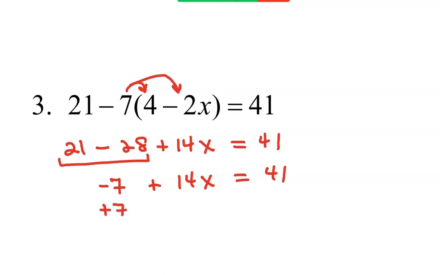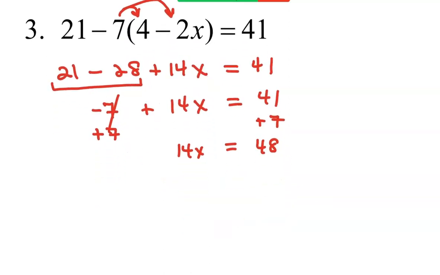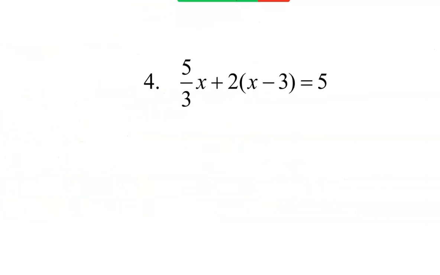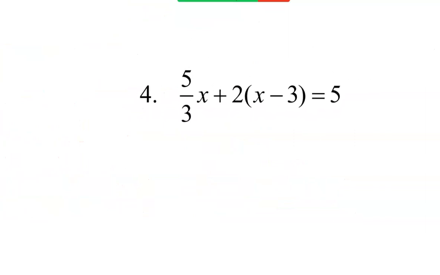Add 7, add 7. 14x equals 48. Divide by 14. You can simplify this 24 over 7 by dividing the numerator and the denominator by 2. That's your final answer.